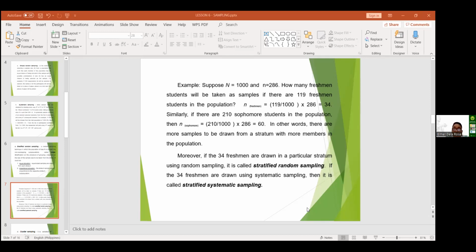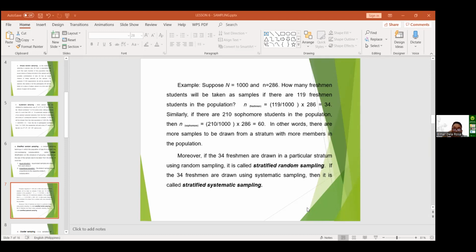Halimbawa, factor mo ay year level. Eh, hindi ka nag-stratified. Nag-random ka lang. Wala ka palang nabunot na 4th year. That could happen. No? Incomplete random, pwedeng wala kang masaling respondent na 4th year. So para makasigurado ka na 1st year to 4th year ay meron kang sample, either you do equal allocation, stratified random, or you do proportional allocation. Okay?